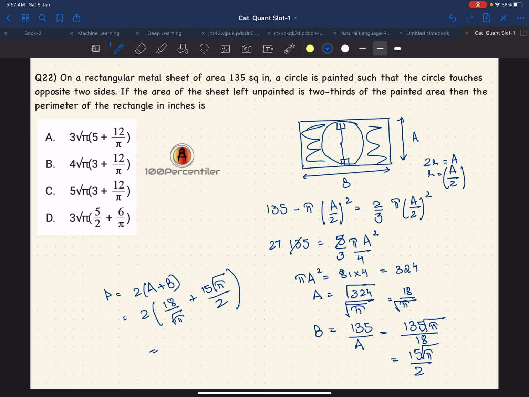So if we take 3 out here as well as root pi, we would be left with 5 plus 12 upon pi. And therefore, A is the correct answer here.